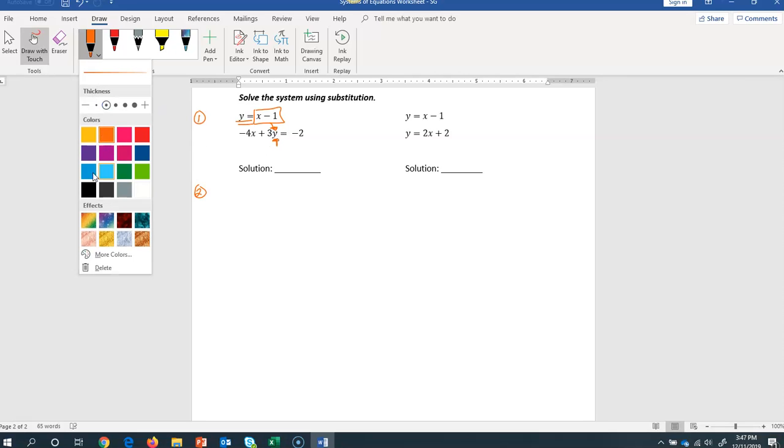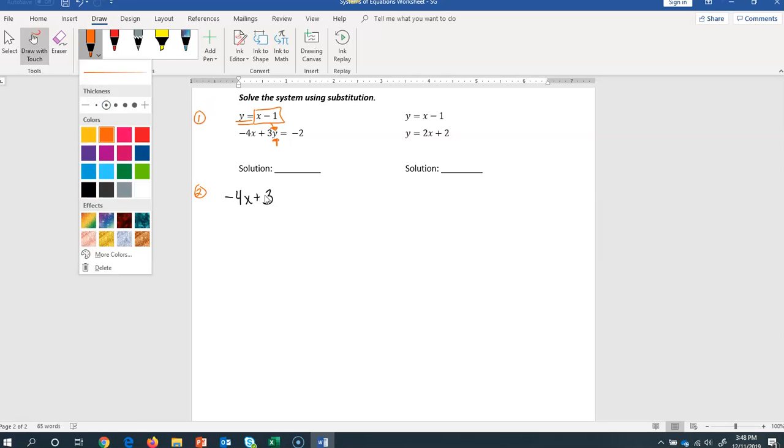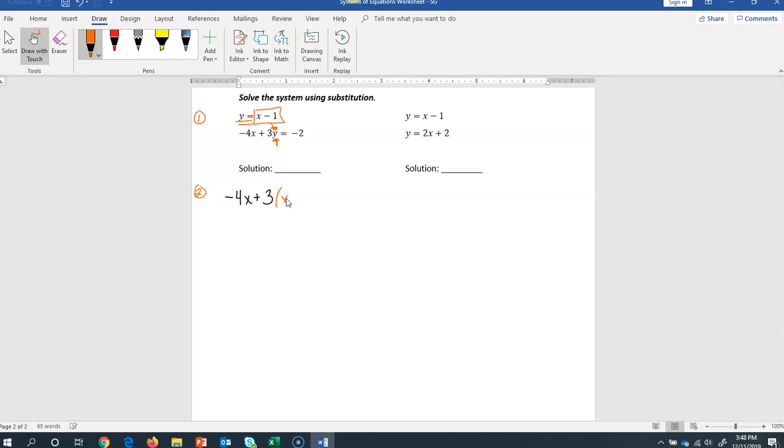So rewriting that equation, it starts negative 4x, so I put negative 4x plus 3, but instead of putting y here, this is my substitution. I'm going to substitute x minus 1 for y because y is x minus 1. So that's what gives me the right to be able to do that.